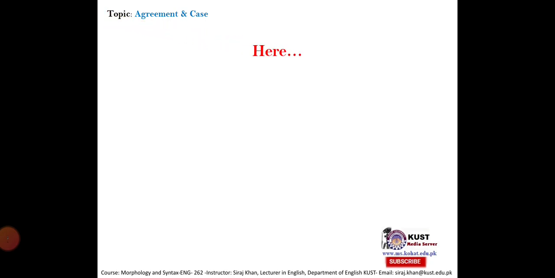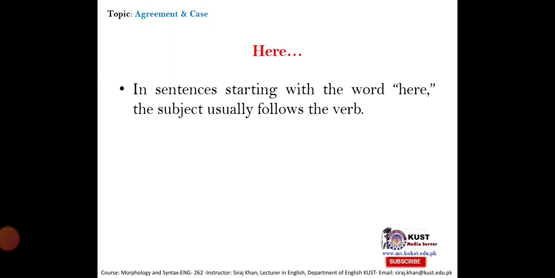Here. In sentences starting with the word here, the subject usually follows the verb. Here are your keys.